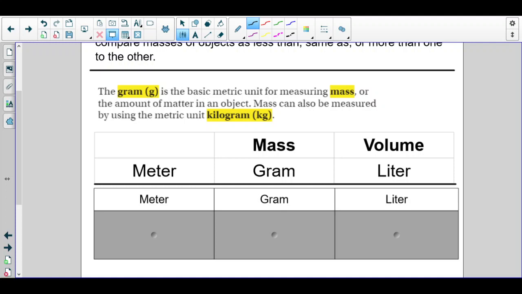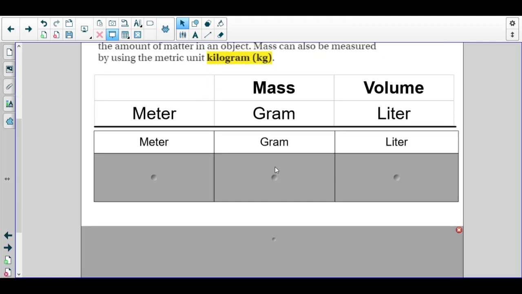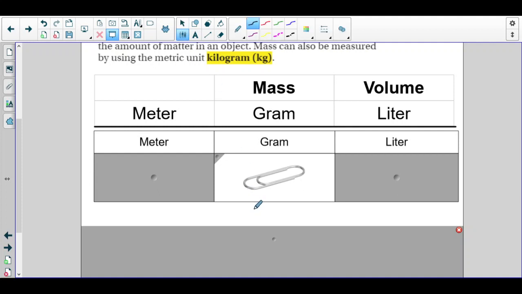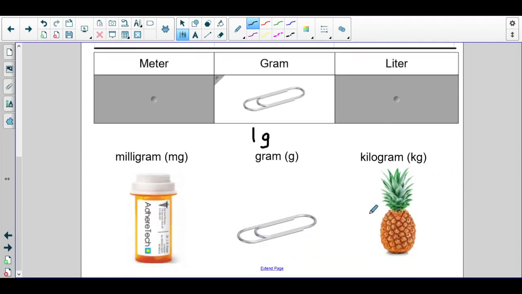Okay, so 1 gram is about how much one paperclip weighs. All right, so we have 1 gram. Now, if we were to compare this, here we have 1 gram.